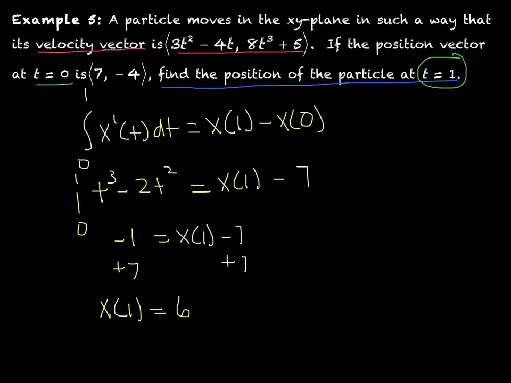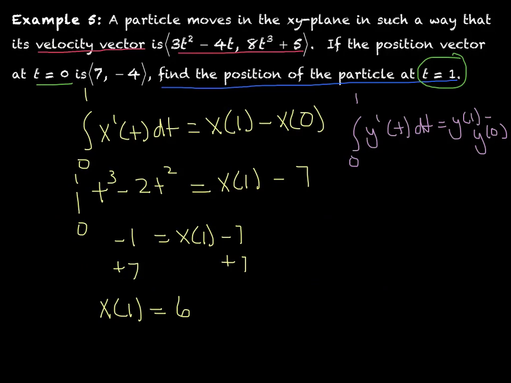Okay, so we're going to do the exact same thing now with the y-coordinate. So the y function is going to be, once again, the same thing, the integral from 0 to 1 of y prime of t dt should get us back to y at 1 minus y of 0.